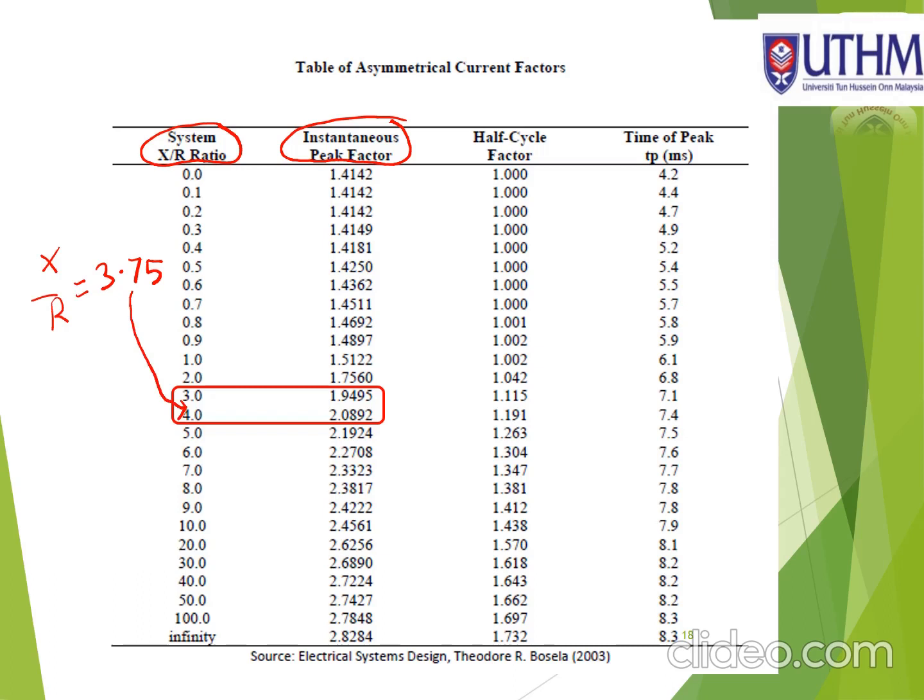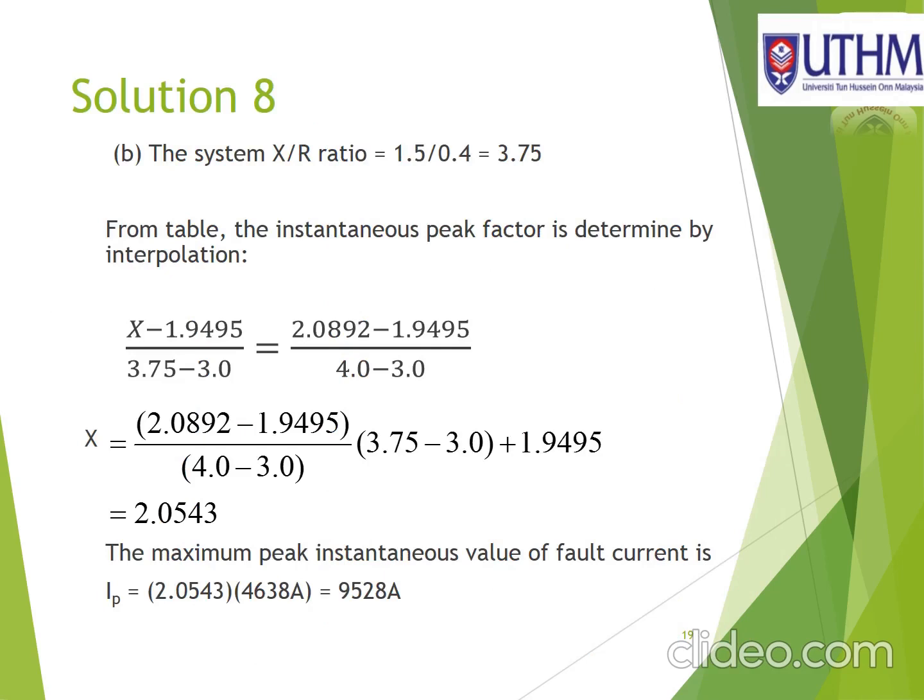By using the interpolation method, we have to calculate the value of the instantaneous peak factor for X/R ratio 3.75. After we get the instantaneous peak factors for X/R ratios of 3 and 4, we can calculate the factor for 3.75.